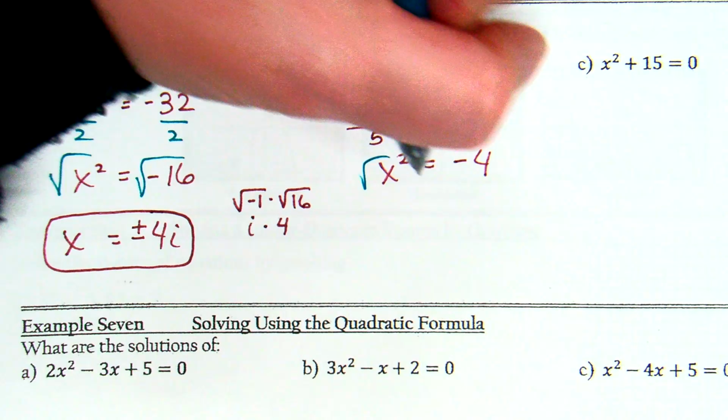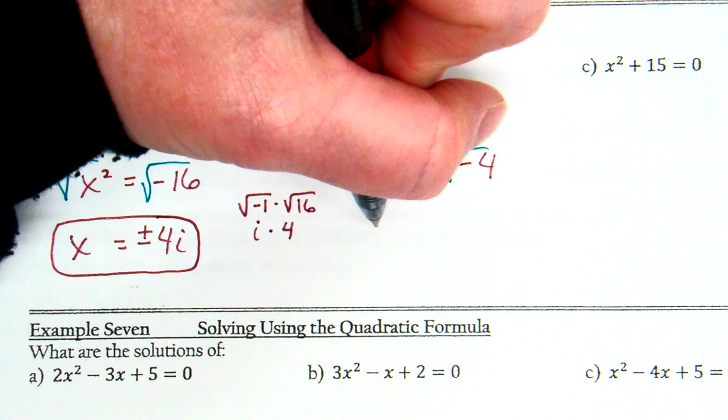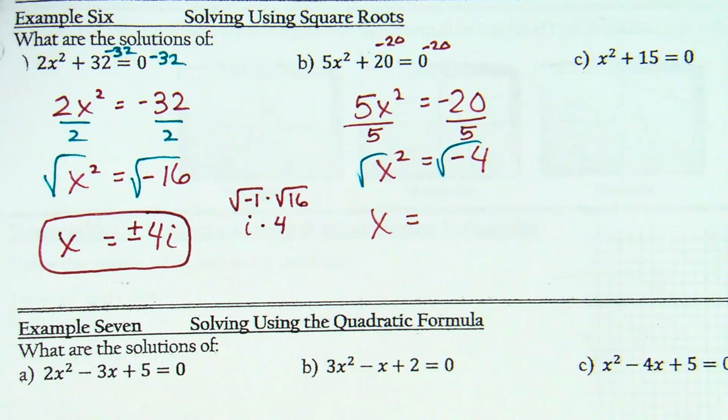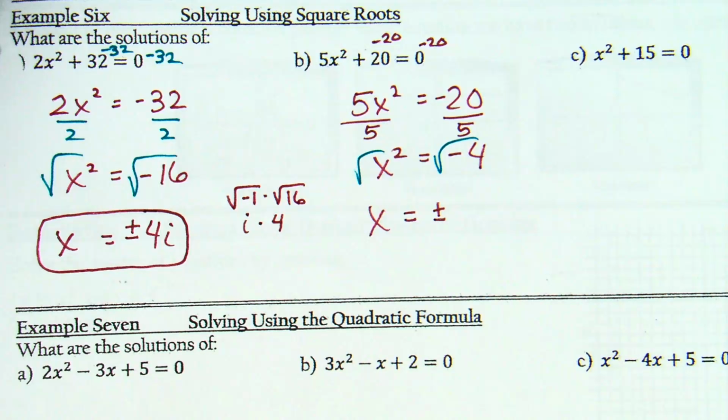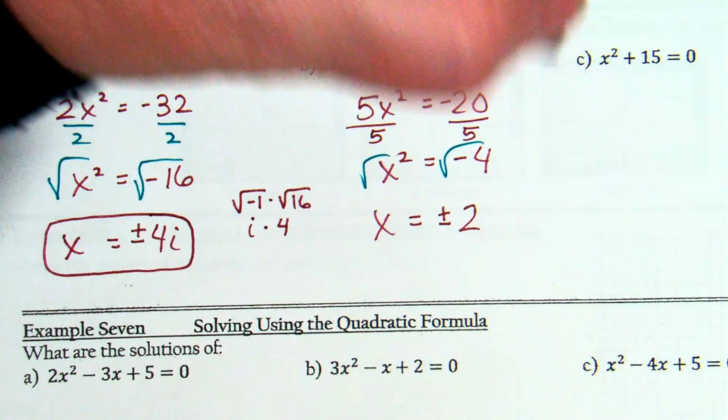Take the square root. Square root of negative 4. Okay, so plus or minus, because we're in an equation setting. The square root of 4 is 2. The square root of that negative is i. Was that one a little bit better?